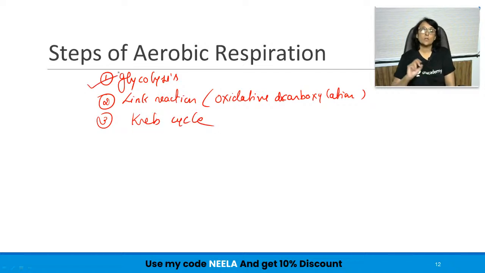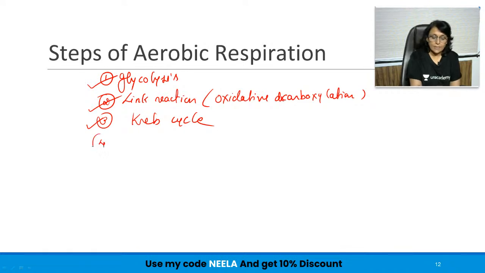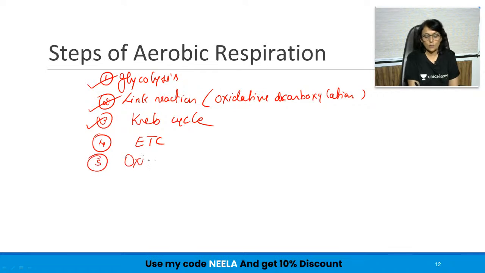This glycolysis we have done in detail, all 10 steps, 2 phases, how many ATPs we get, everything. Link reaction also we have done in detail, and we also talked about Krebs cycle. Now after we finish Krebs cycle, the next step is going to be electron transport chain, and then the last step, that is oxidative phosphorylation.